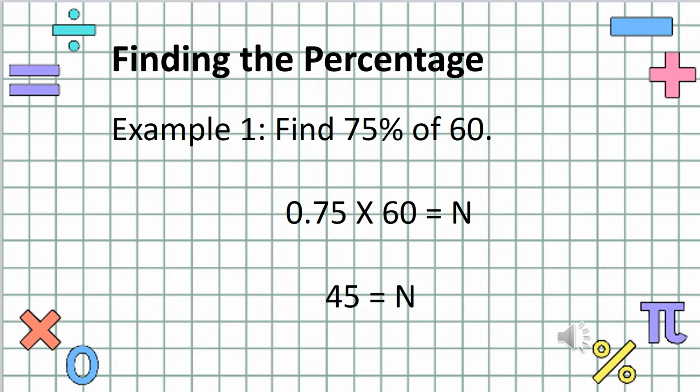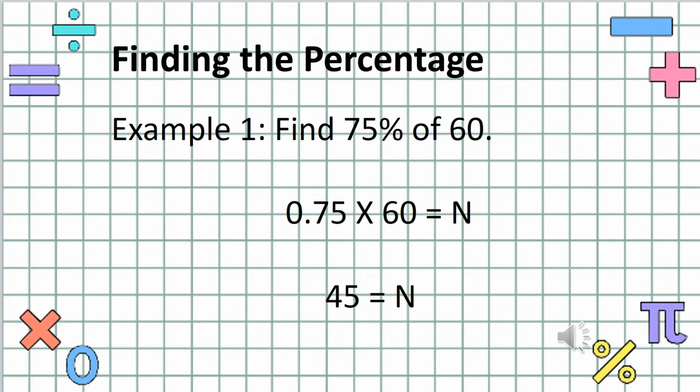Okay, unahin natin ang paghanap or pagkuha ng percentage. In finding the percentage, meron tayo ditong example. So, yung sample natin is 75% of 60. So, 75% of 60 is equivalent to N. Anong gagawin doon sa 75%? I-convert nyo siya into decimal. You just move 2 decimal places to the left.